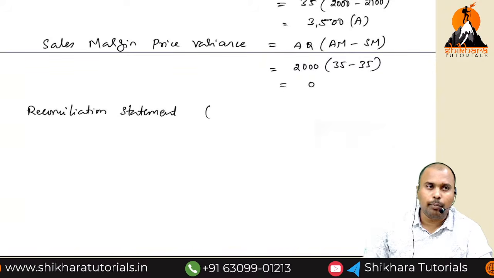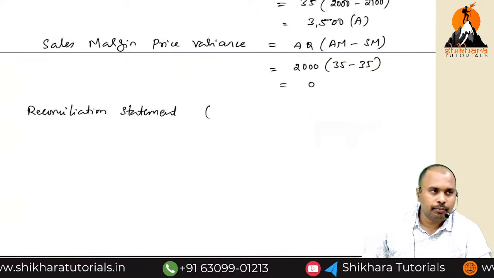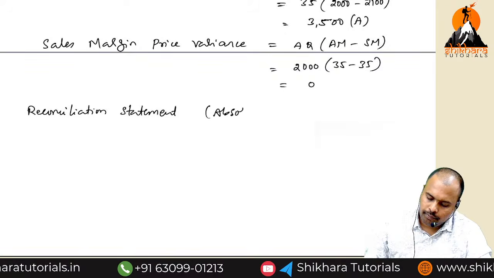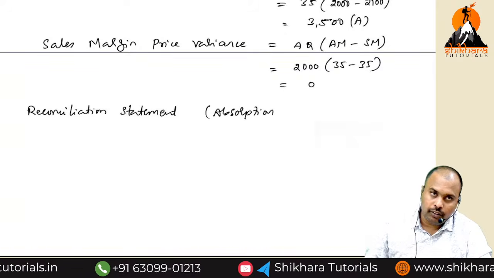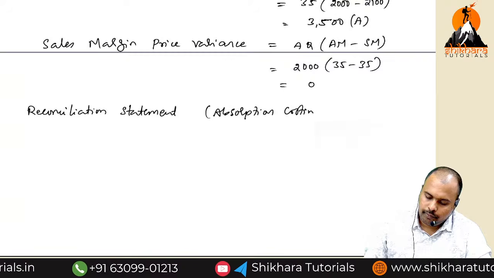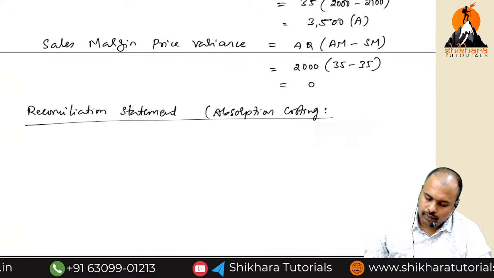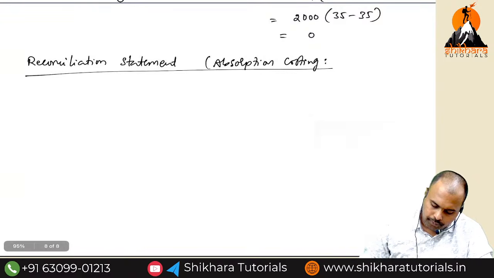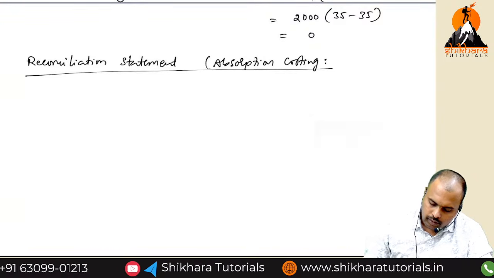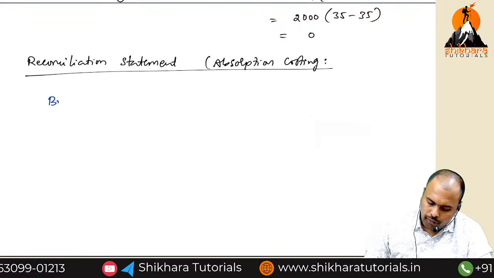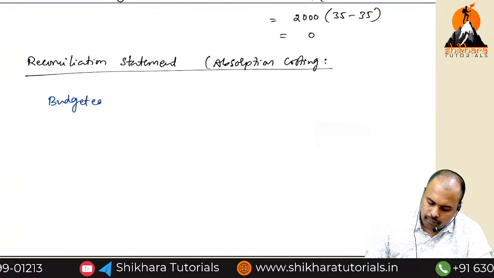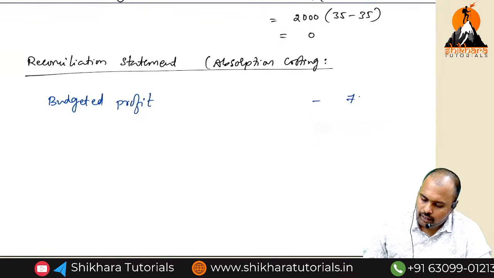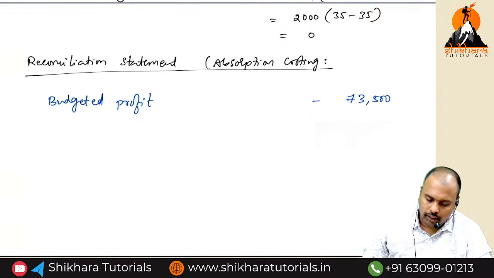Now let us go for reconciliation statement. If question is silent about it, it is always absorption costing. First, what is our budgeted profit? We already calculated 73,500.